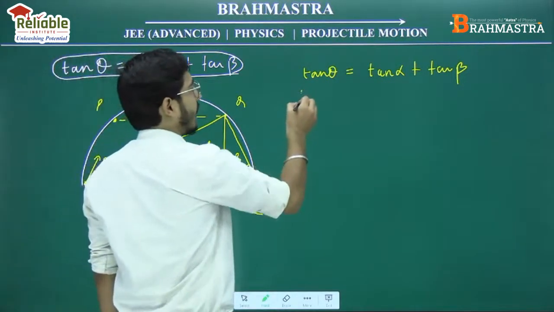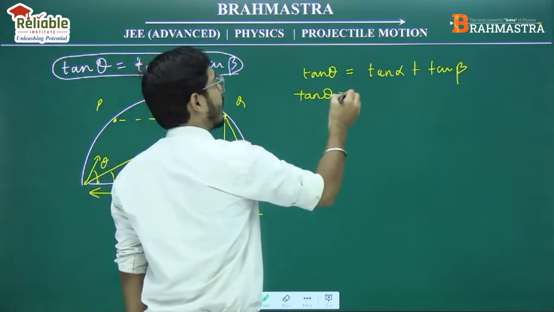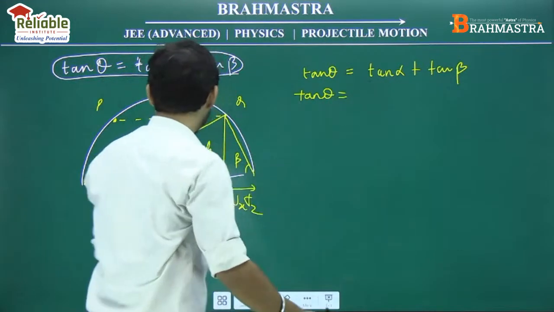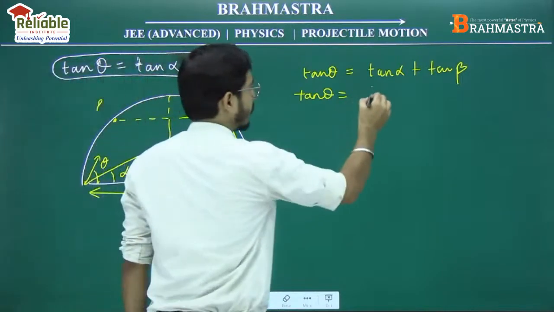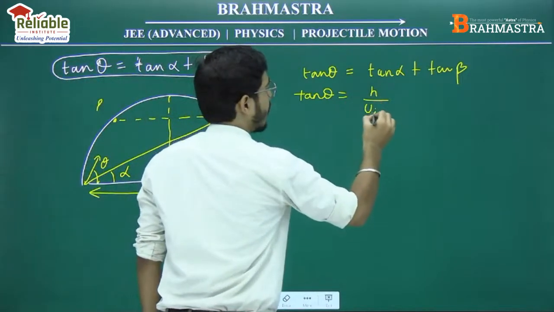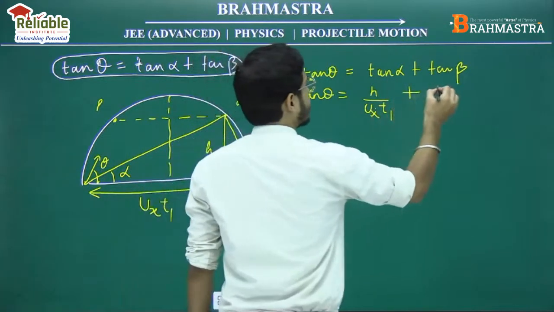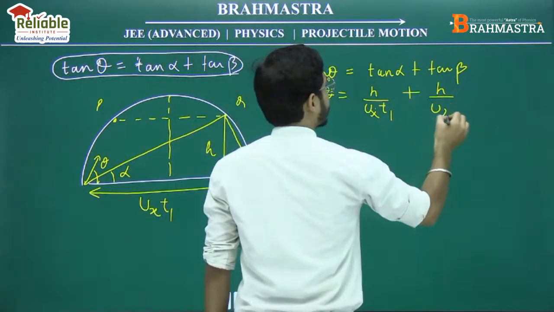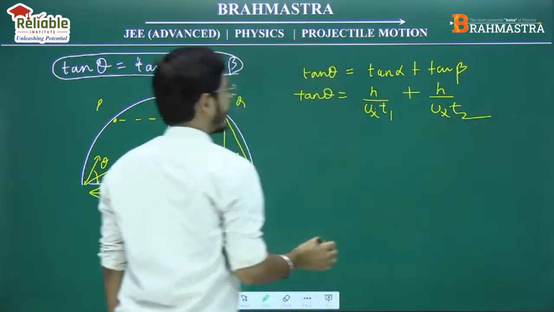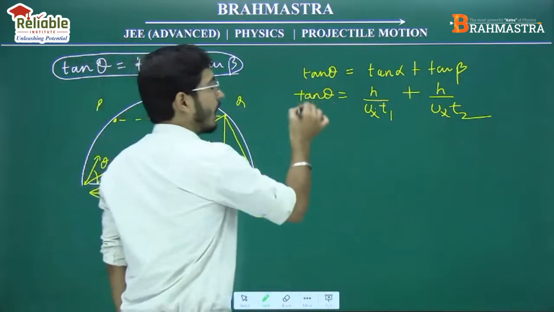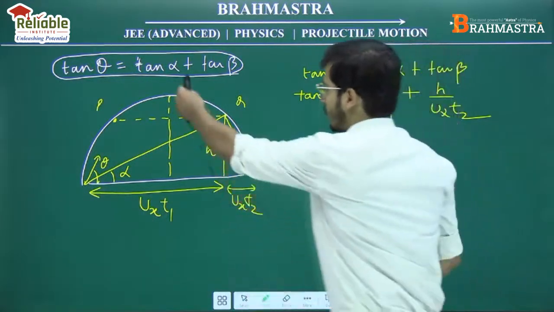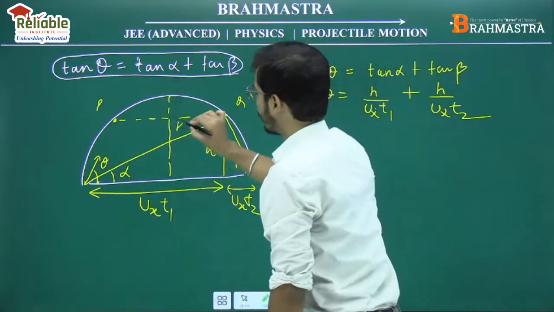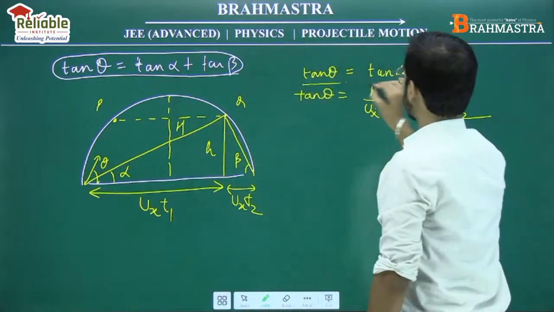Okay, so tan theta can be written as tan alpha plus tan beta. And the value of tan alpha you can place is h over ux t1 plus h over ux into t2. This is the value of tan theta, and we know tan theta is the projection angle. Now this is the maximum height h. Okay, this is true.